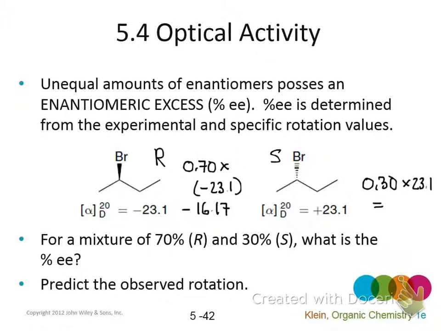And then I'm going to do 0.3 times 23.1, and that becomes 6.93. I'll show you an easier way to do this, but you guys get the concept, right? 70% of the molecules make the light go counterclockwise, which to you is this way, and 30% make it go clockwise.